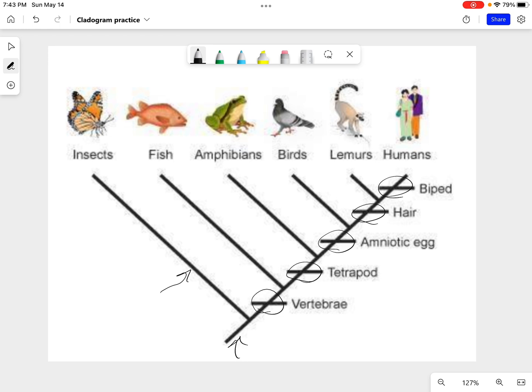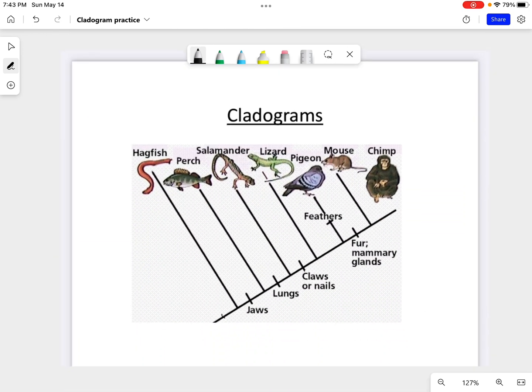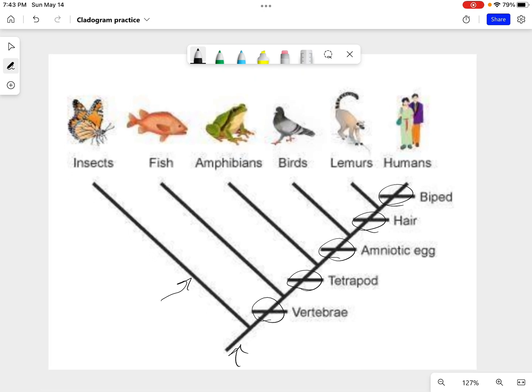And you'll notice that in our first one, our pigeon, or birds in general, had a trait marked feathers, okay? This cladogram does not. It could have feathers marked here, right? But they chose not to represent that.